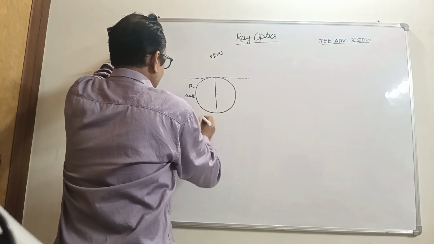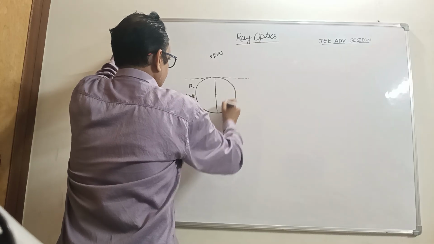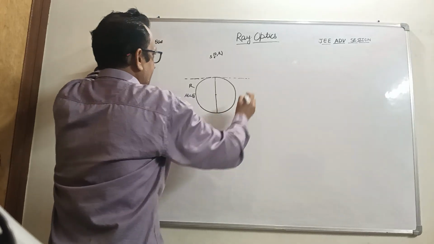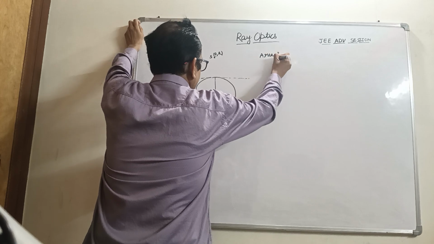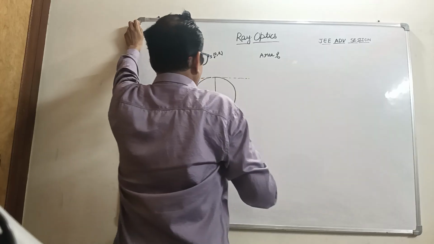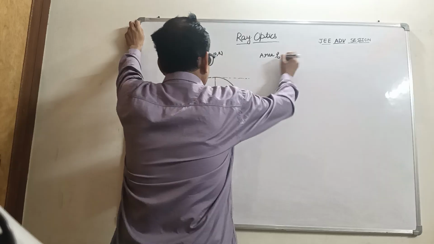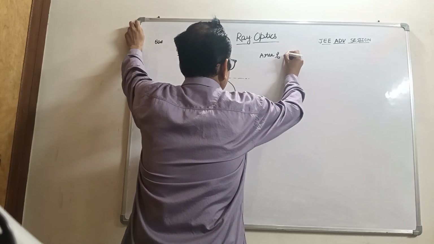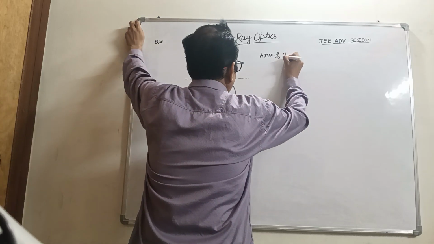So we have to find here its shadow, the area of the shadow.